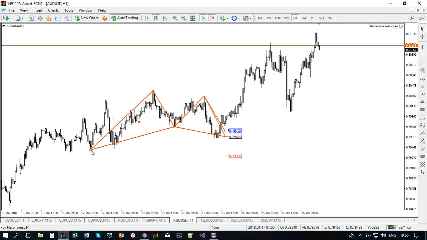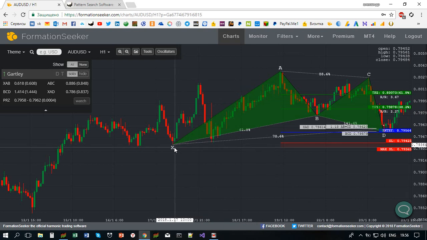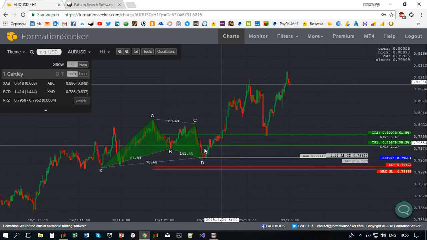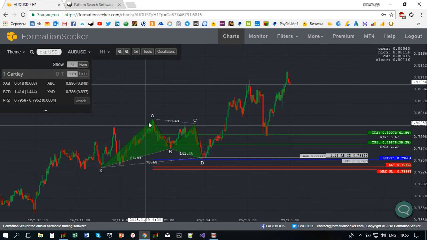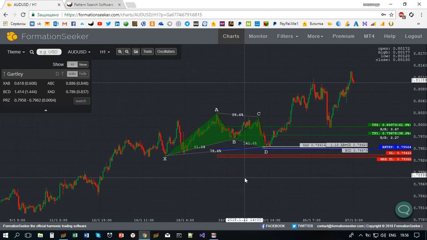Or we may start calculating it from here. Logically, it looks like it is better to calculate from here. But if you look here, it's not logical. It calculates from the second low, not from the first low. So, although we have the same patterns, we have some variations. We can start from here and we can start from there.